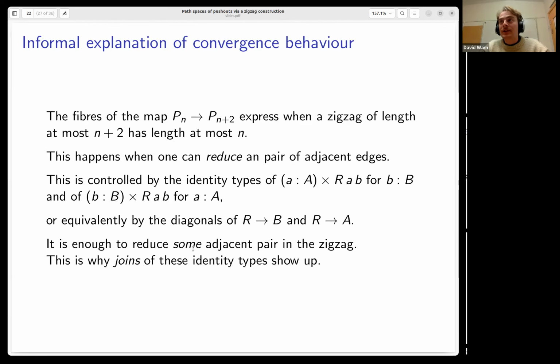So there's some kind of disjunction going on here, and roughly speaking, this is why we see joins of these identity types showing up. Joins of spaces are a homotopical generalization of a disjunction of propositions, as I understand it. Okay, so this is an informal explanation of what's going to happen.